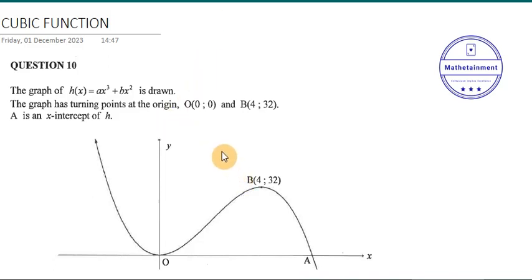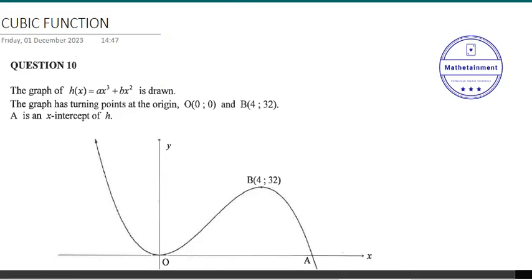So what is given to us, we know the turning points, O and B. And if you look carefully here, this turning point O is also an x-intercept of this cubic function. So what is it that we are required to do here?